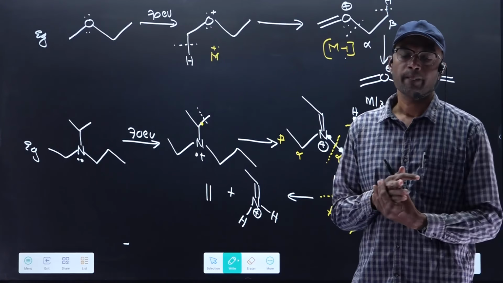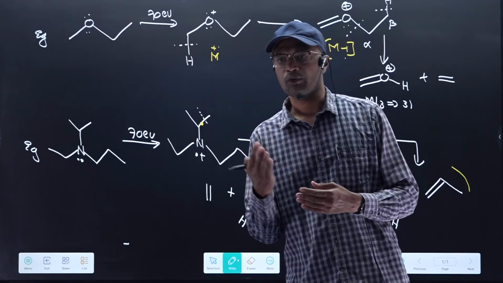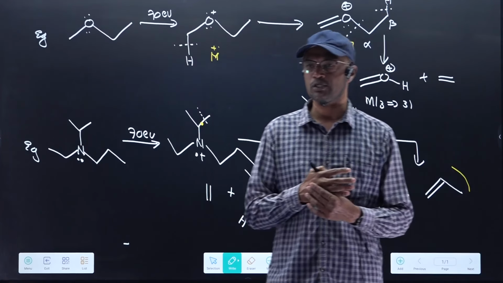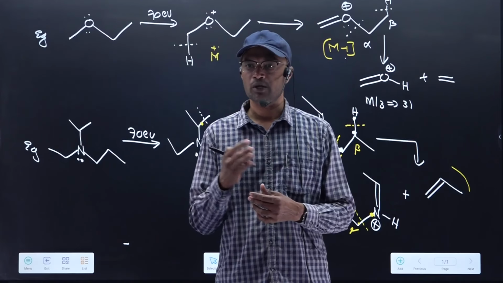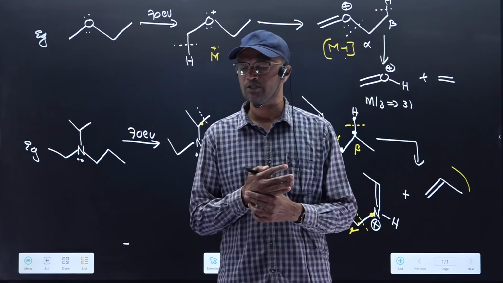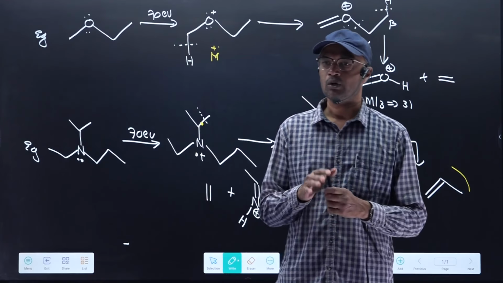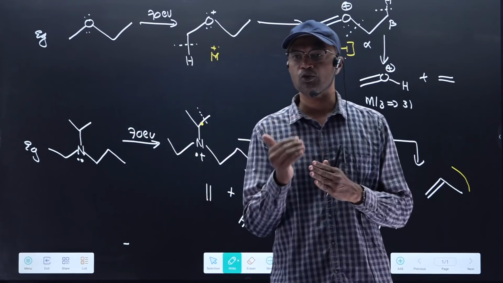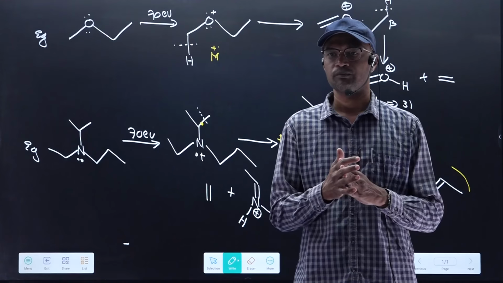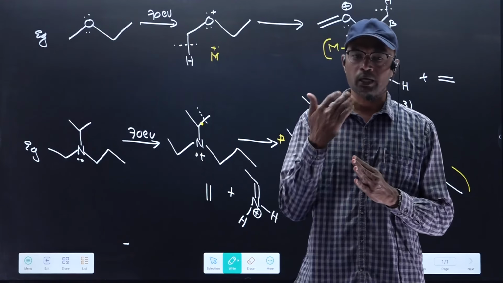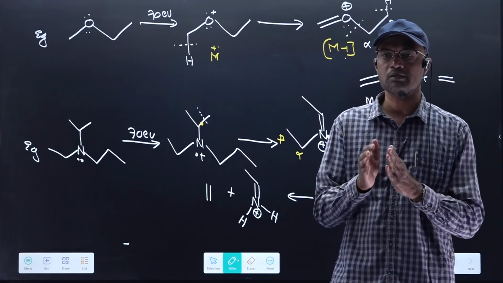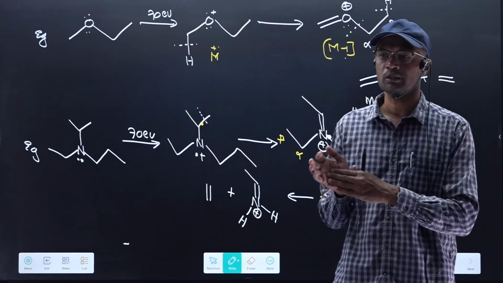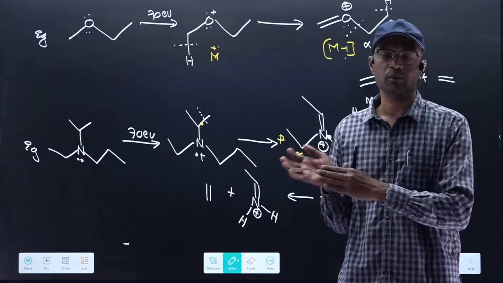Then followed by what are the fragmentation elimination reactions observed, such as dehydrohalogenation, dehydration, decarbonylation and 1,4 elimination reaction, etc. Okay, because some molecules have a tendency to lose some neutral fragments. So what kind of neutral fragments are possible to remove from a given organic molecule will be discussed in the mass fragmentation pathways, that is mass fragmentation rules.